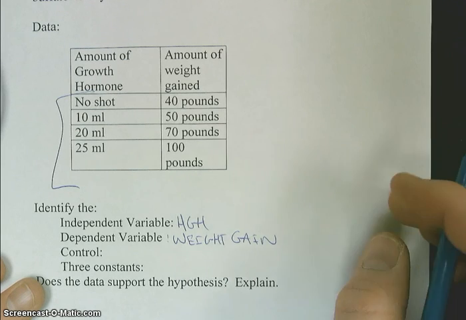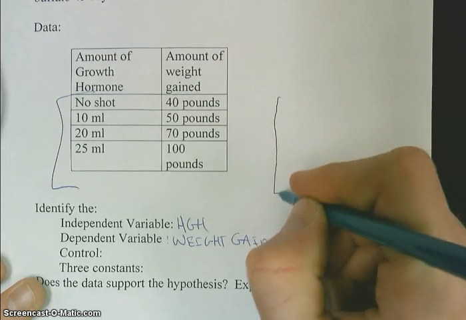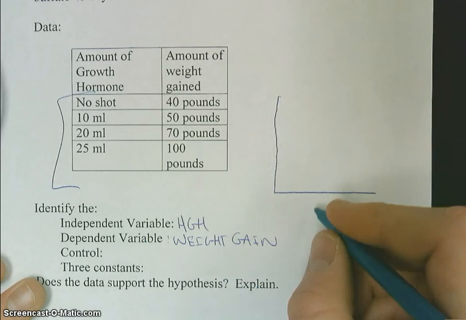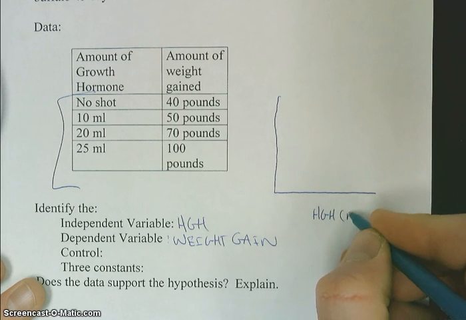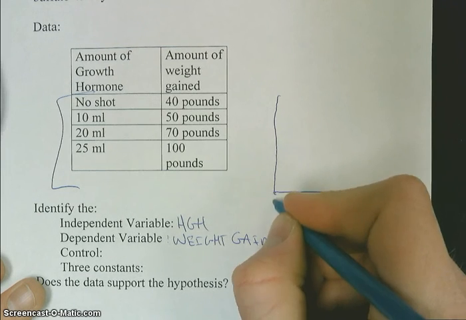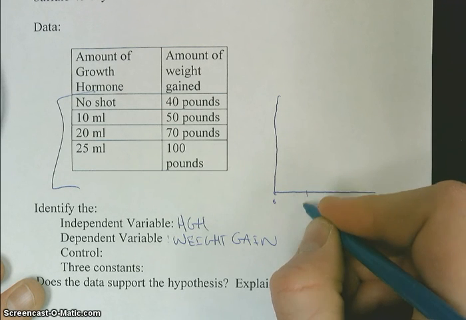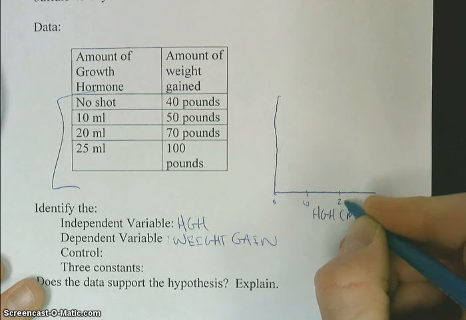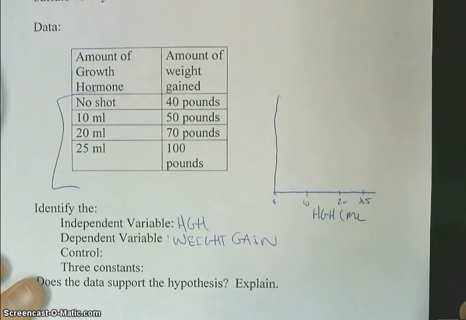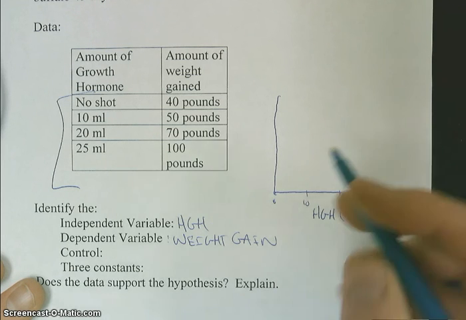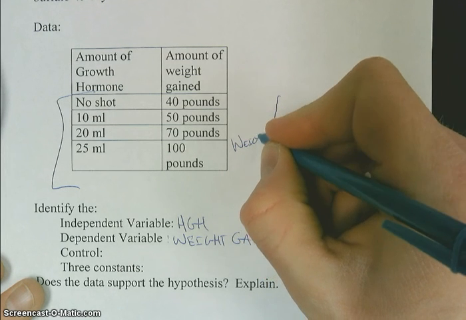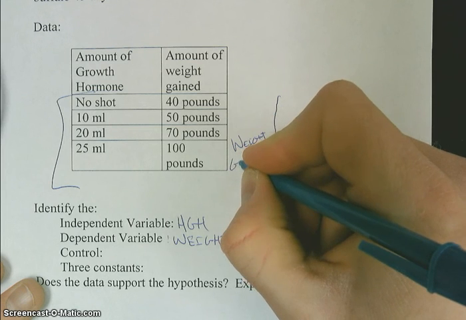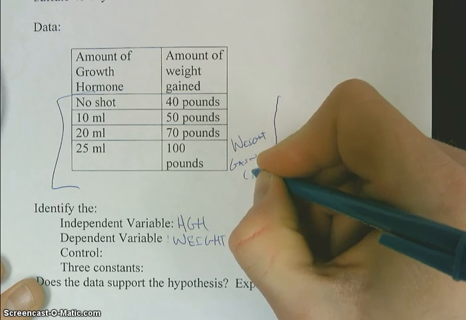And like we just looked at, if I were to graph this, my independent would be on the X, so it would be HGH, and that's in mils. Here's 0, 10, 20, 25. My Y value would be weight gain, and that's in pounds.